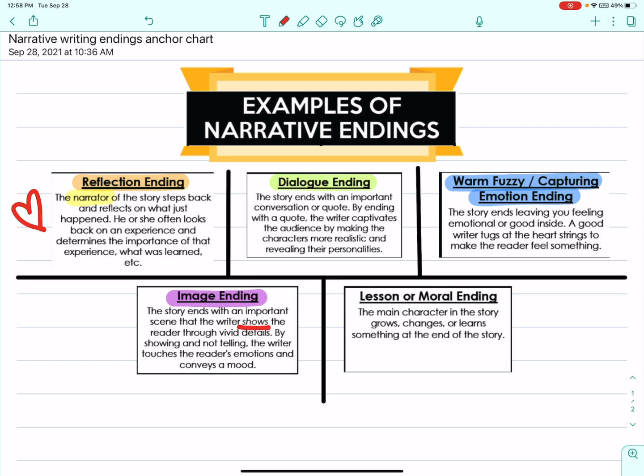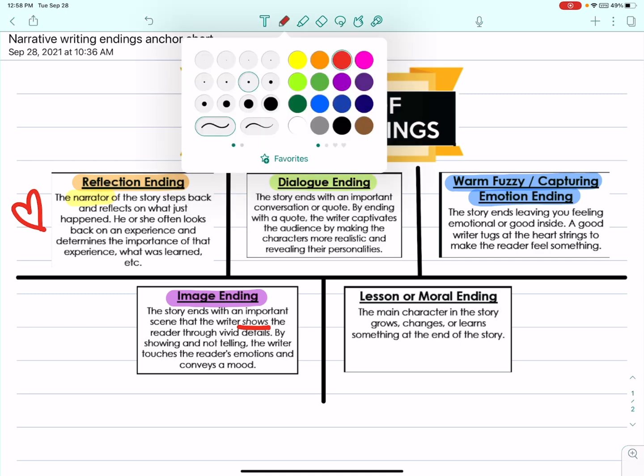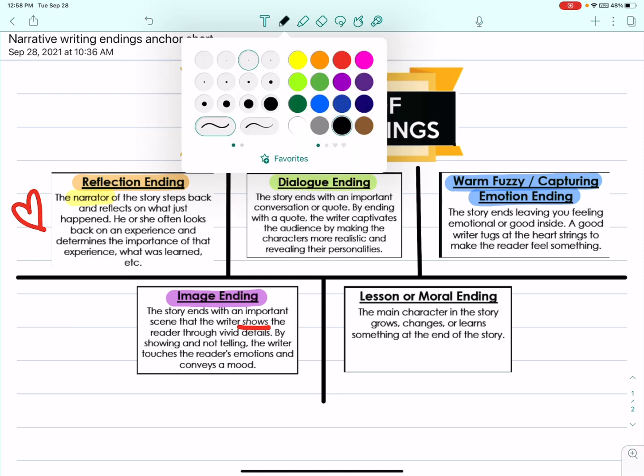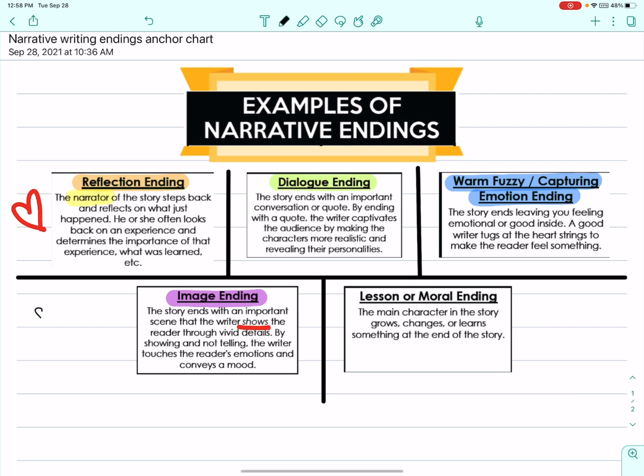So I'm going to underline the word shows because you are really going to use those 5 senses words that talk about what your character sees, what they hear, maybe what they taste, maybe what they feel.